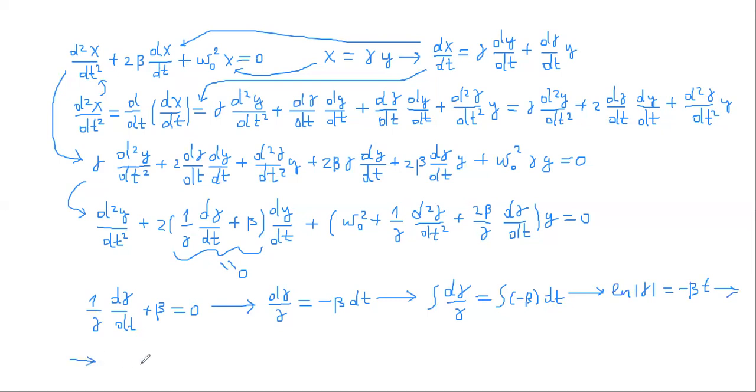And according to this, the absolute value of this function gamma is equal to e to the power of minus beta t, or we can write that gamma may be equal to plus or minus e to the power of minus beta t.